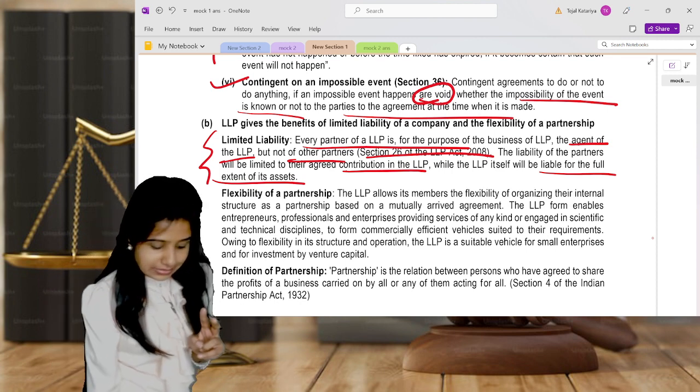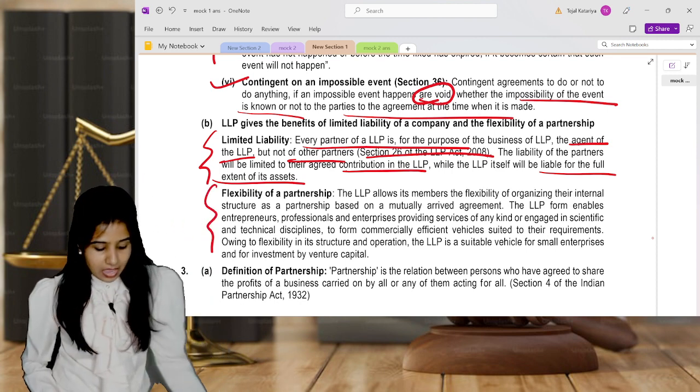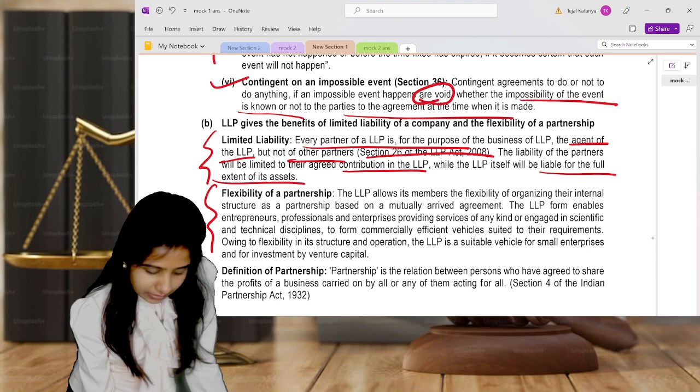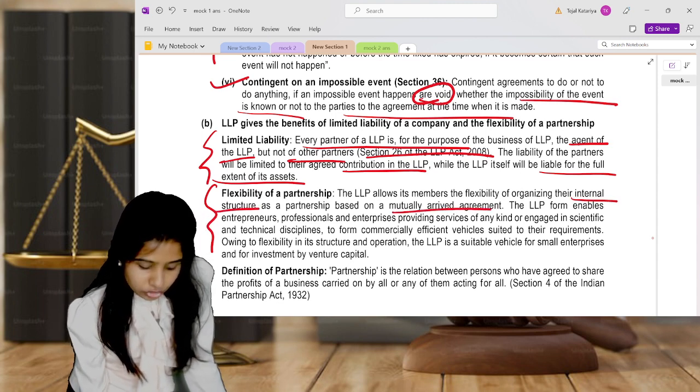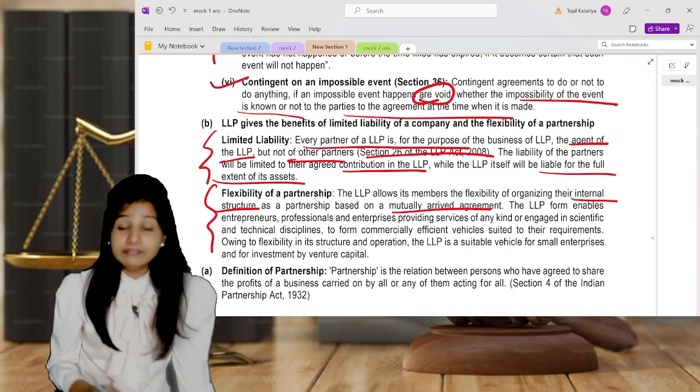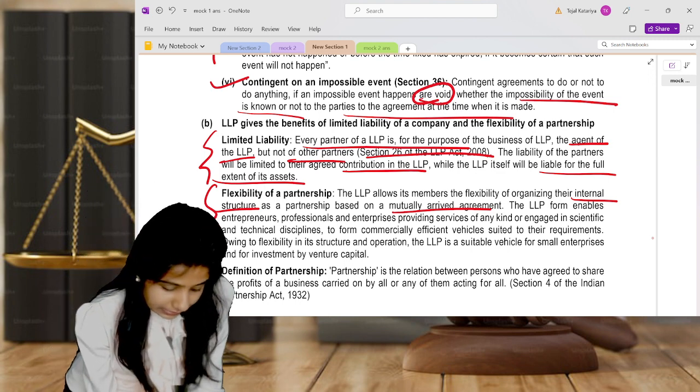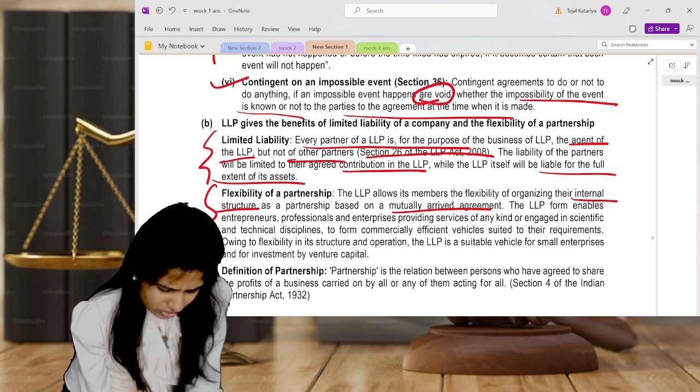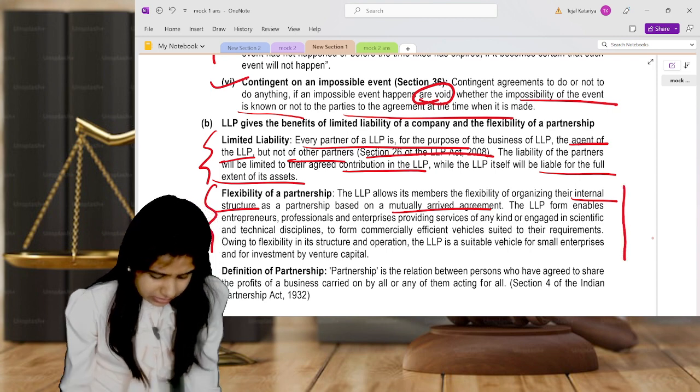And the second is the flexibility of a partnership. Flexibility is nothing but the internal structure, which is a mutually agreed agreement. If you write these lines, it's okay.